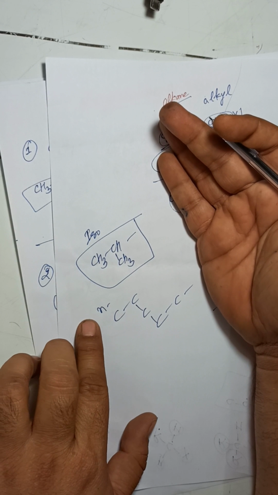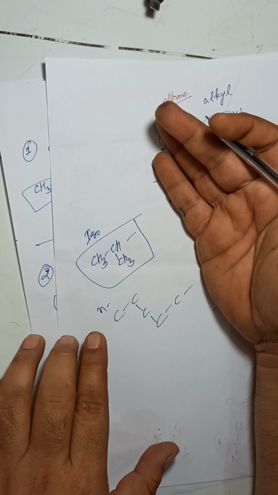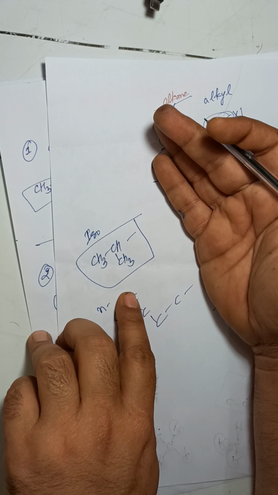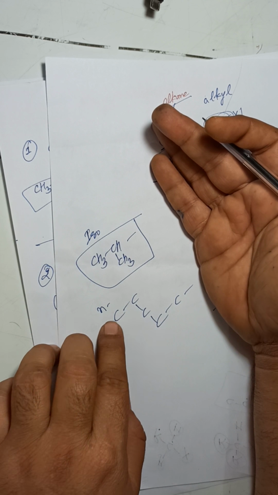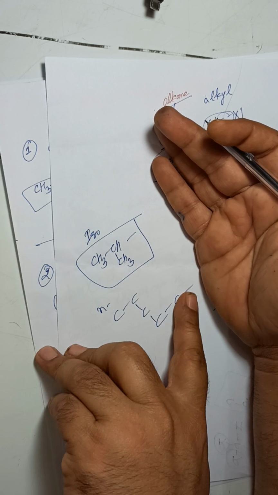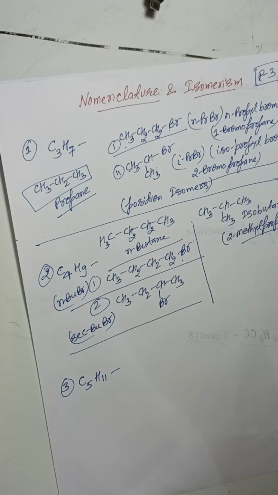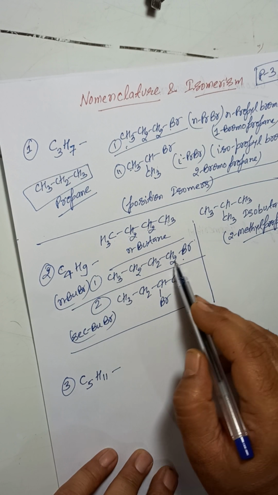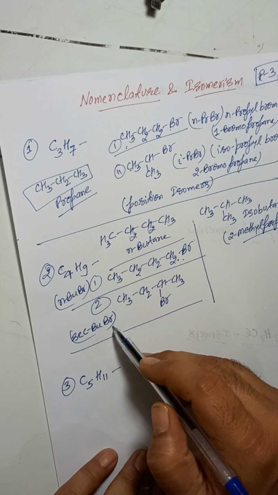Somewhere you read n is straight chain. Sorry, not straight, but n is unbranched chain. Even if it is not so straight, it is unbranched. So it is n, normal chain.